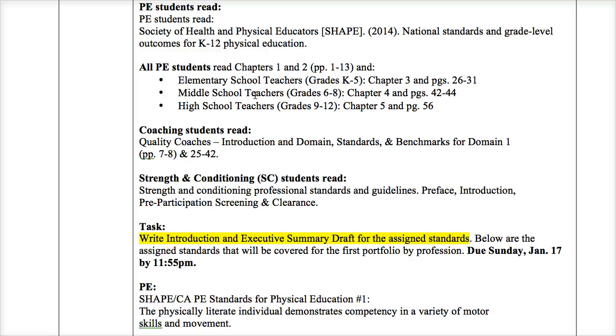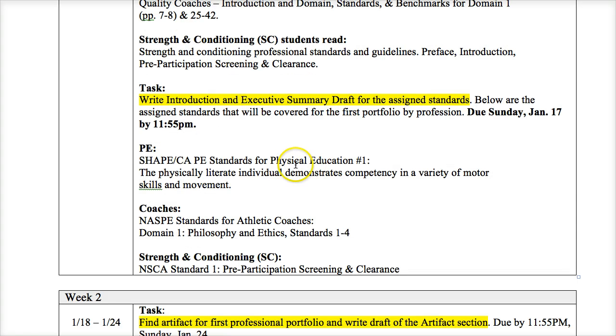And then for the PE, the SHAPE standards, there are national standards. For example, the very first standard for PE is the physically literate individual demonstrates competency in a variety of motor skills and movement.